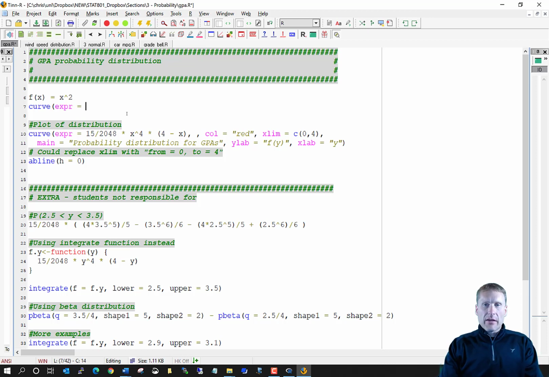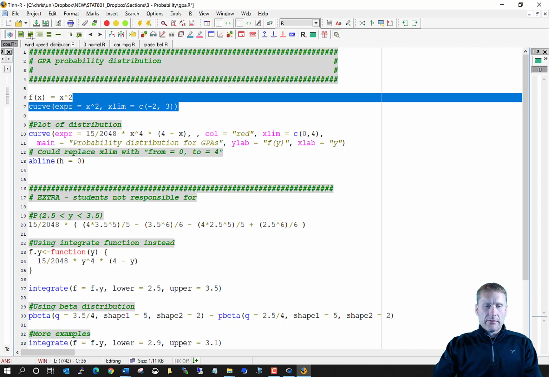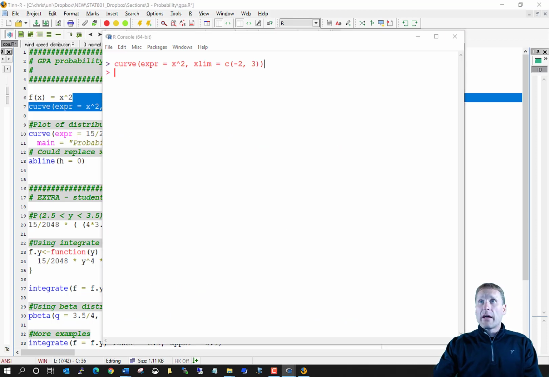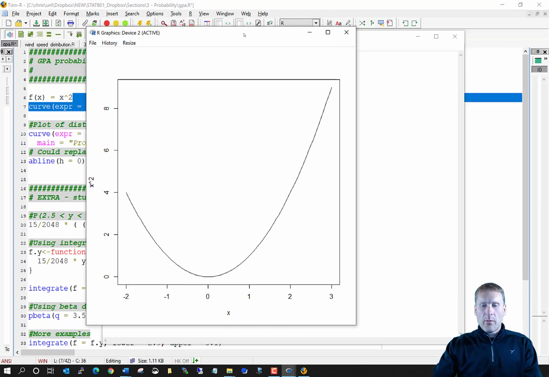Next I put what's on the right-hand side of that equation: x squared. Let me also give some limits for where I want to evaluate f of x. Let's say xlim is equal to combine negative 2 to positive 3. If we run that, we get the plot.